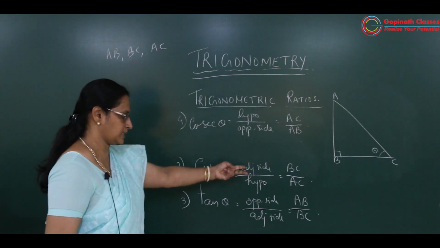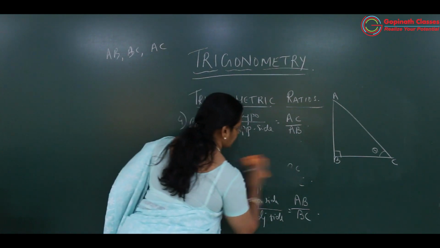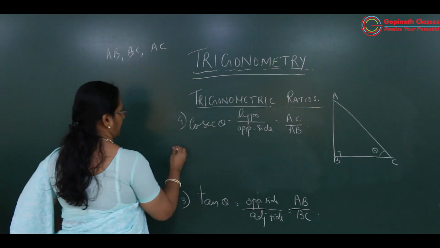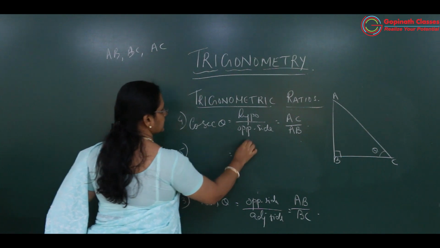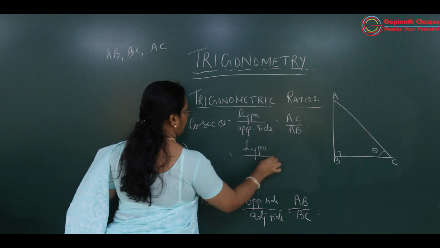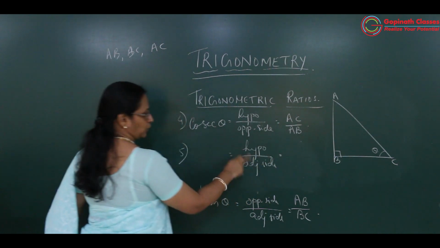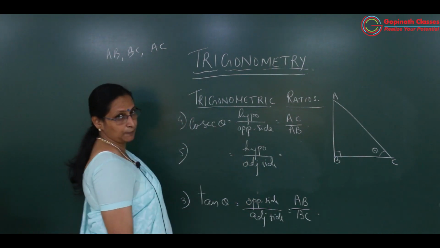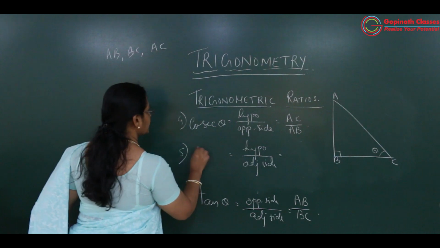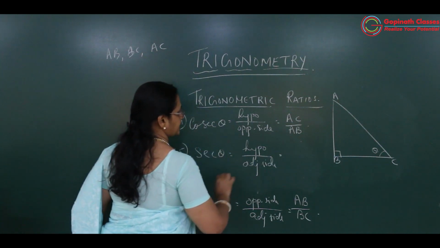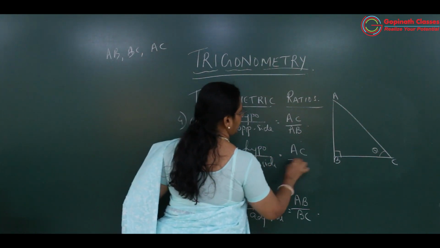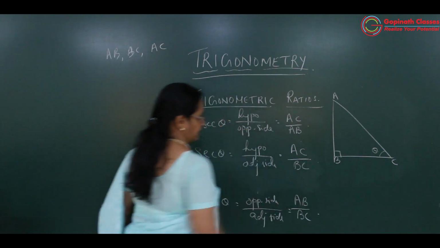Now the reciprocal of cos, that is the fifth one, is hypotenuse upon adjacent side, which is the reciprocal of cos theta, known as secant theta or sec theta, which is AC upon BC.